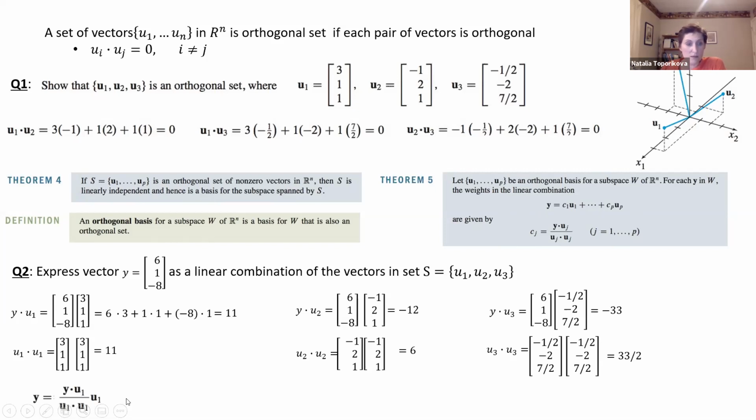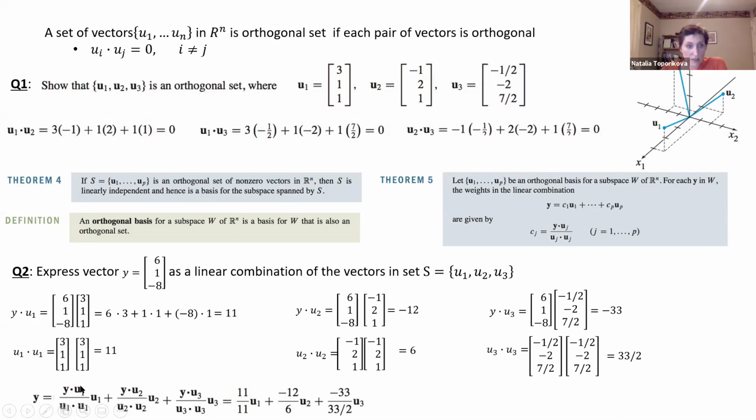But let's be very careful and write down our formula fully. Instead of j in the formula, we write our components 1, 2, and 3. So this is the first term, where instead of j we use 1. Now instead of j we use 2, and finally instead of j we use 3. And again, we can calculate each term.